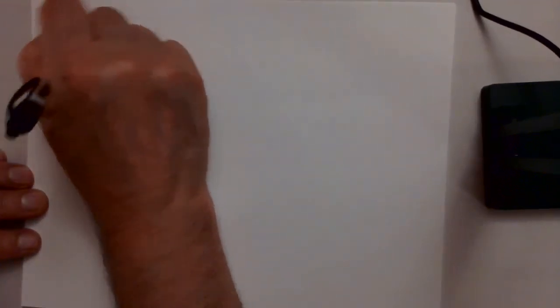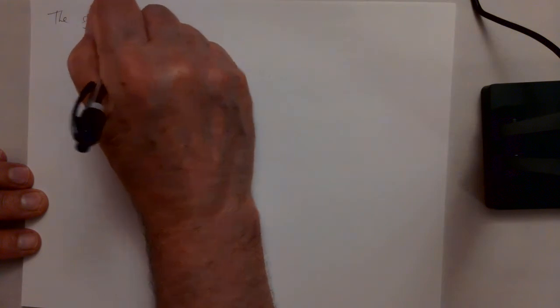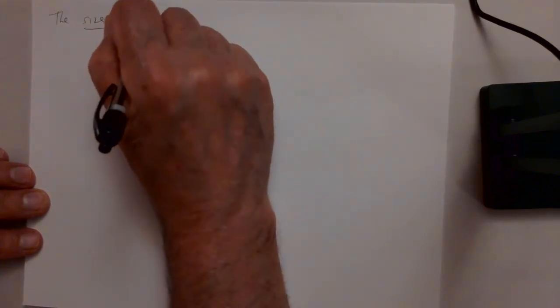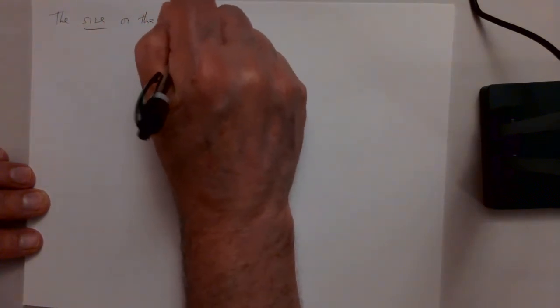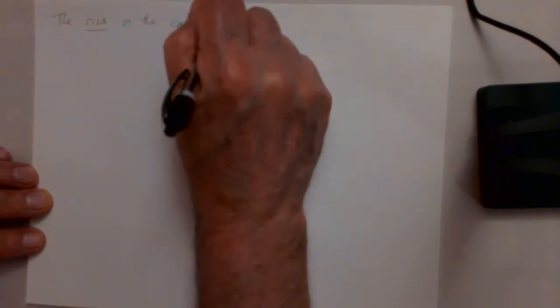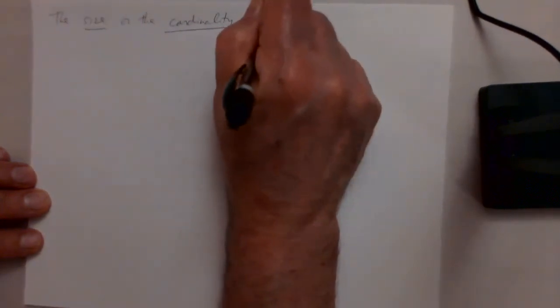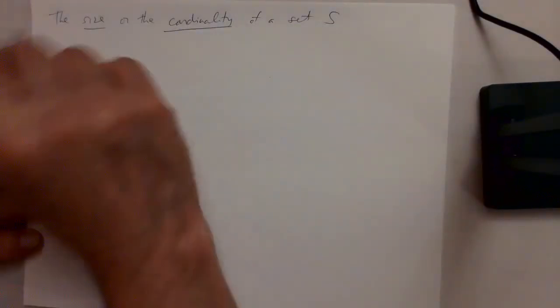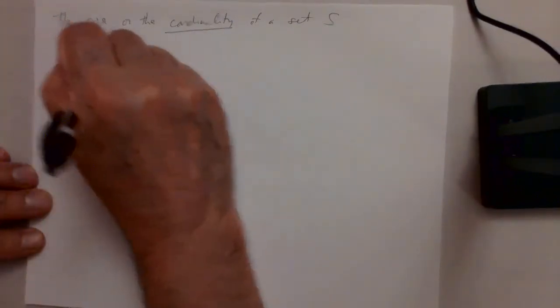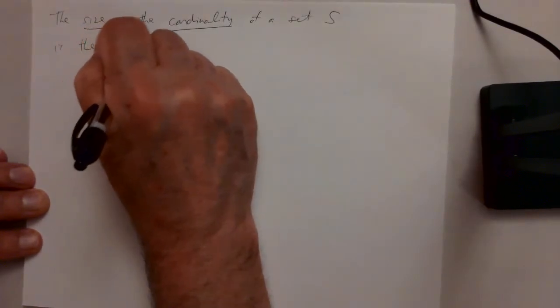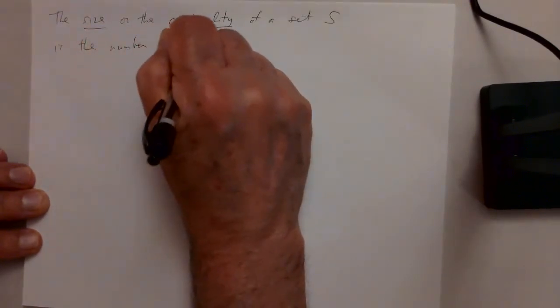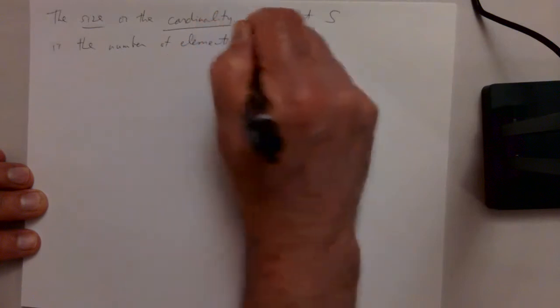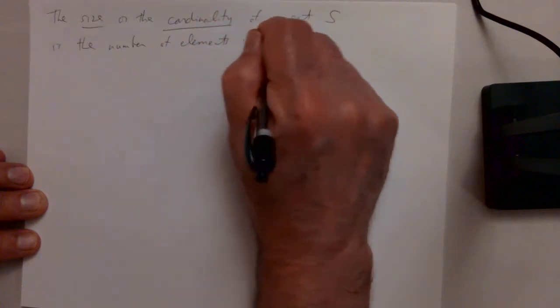So the size of a set, and the more fancy word is the cardinality of a set S, is the number of elements in the set.